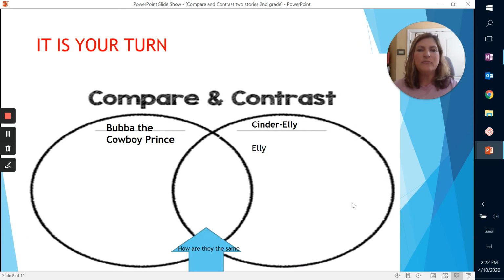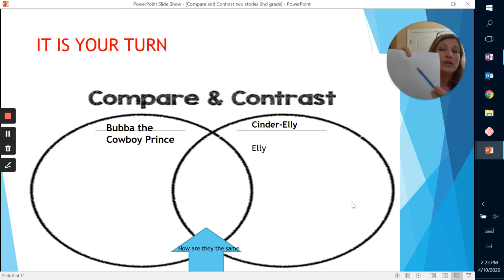All right, now that you've made your list, you are actually going to draw on your paper a Venn diagram. It doesn't have to be a perfect circle. Miss Proctor's even has a little crazy bump right there, see? But it's perfectly fine. You just take your paper and draw your Venn diagram, your two circles that overlap, and you write Cinderella on one side and you write Bubba the Cowboy Prince on the other side.